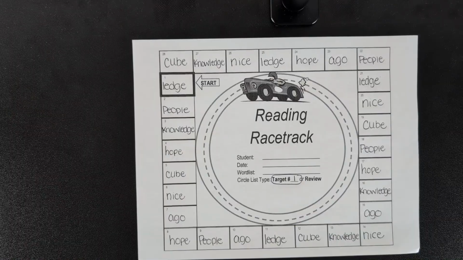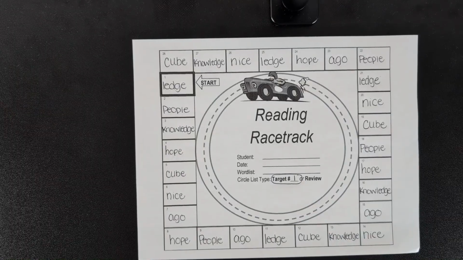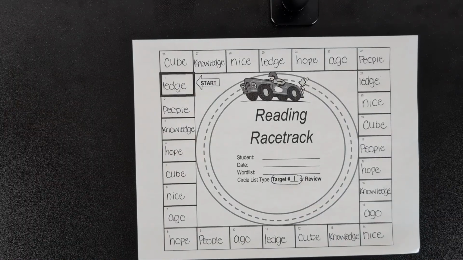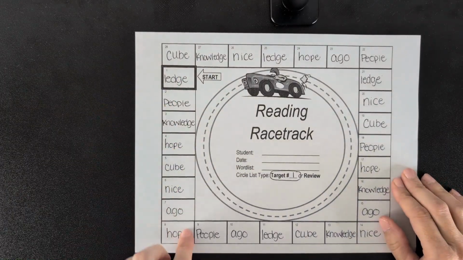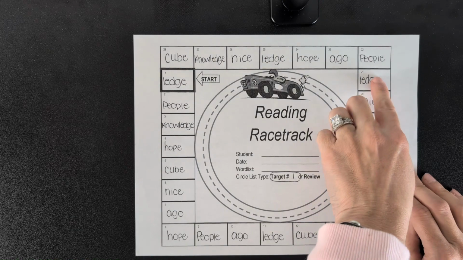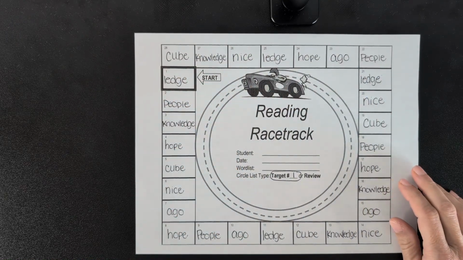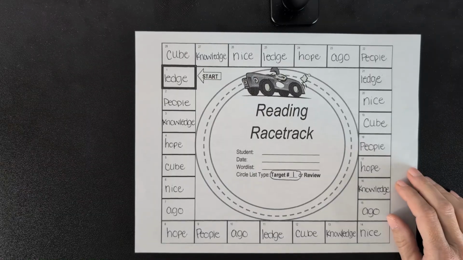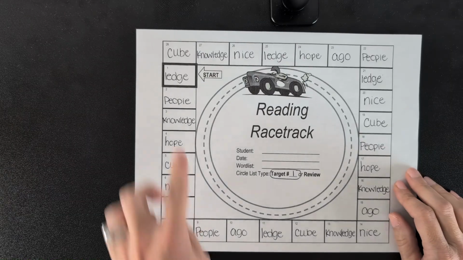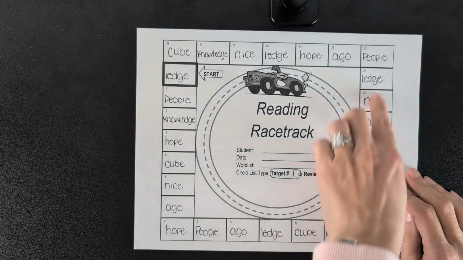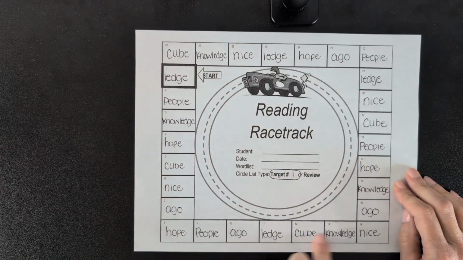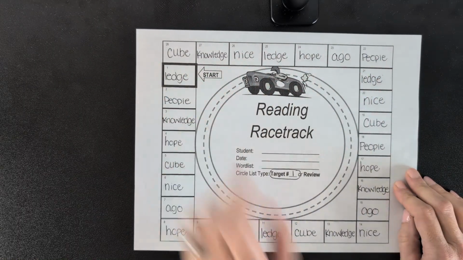Begin by telling the student he or she will have 1 minute to read as many words as possible from the Reading Racetrack sheet. If the student completes the circuit, meaning he or she reads all 28 words with or without mistakes before the time runs out, he or she should continue going around reading words until he or she is told to stop.